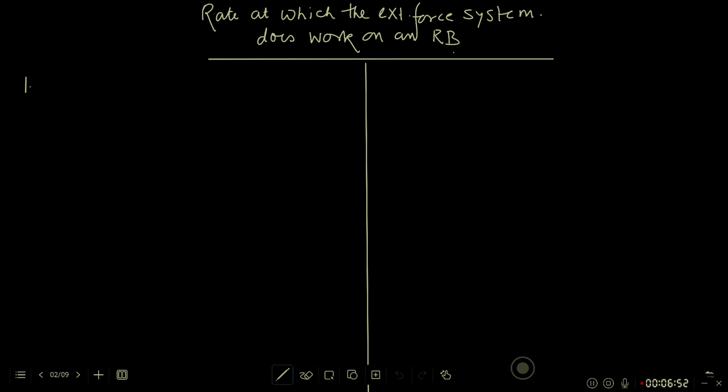So I want to first derive an expression for the rate at which the external force system does work on an RB.